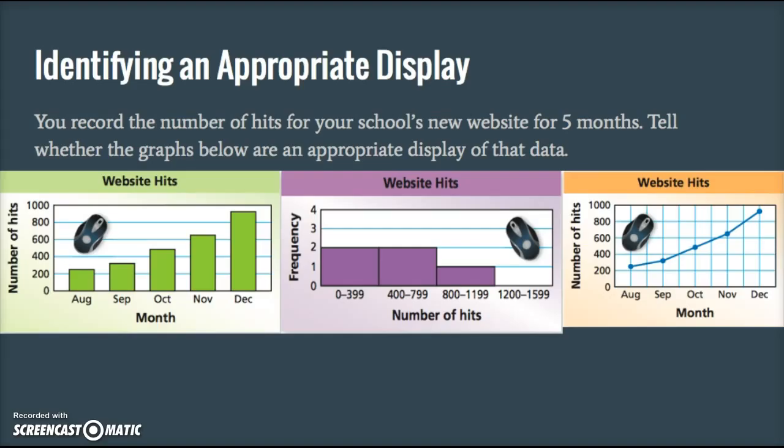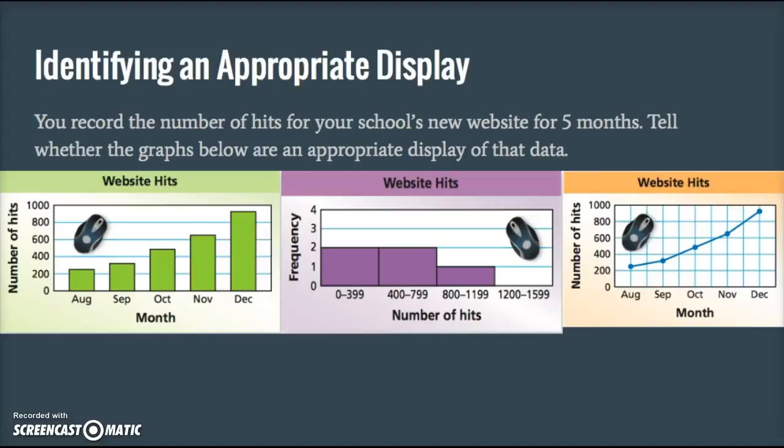Okay, so the first one, we have the number of hits right here, and then we have the month that it was recorded. So we have a bar graph. Okay, so in August there were a little over 200, September looks like about 300, October maybe 500, November just over 600, and December up around 900.